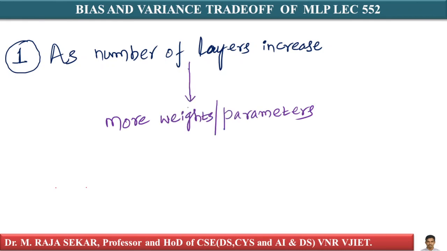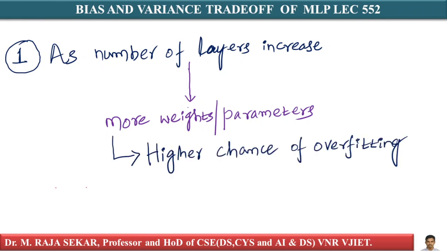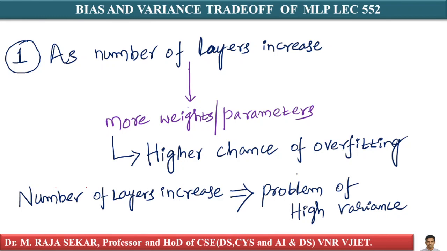So as we have more weights, there is a higher chance of overfitting, isn't it? Which means as the number of layers increase, we could have a problem of high variance. So in a nutshell, as the number of layers increase, you will end up with a case of high variance.